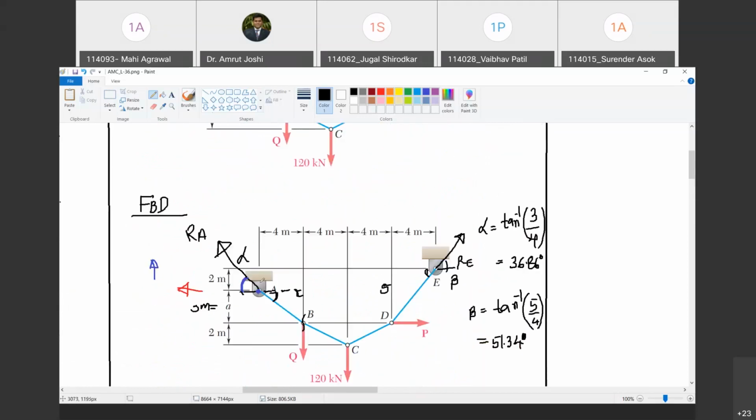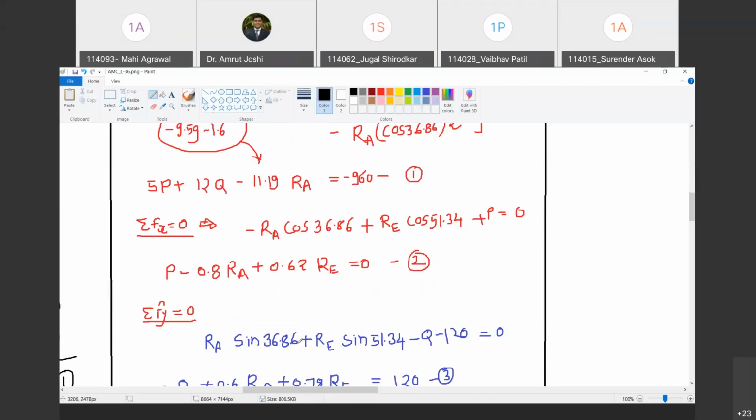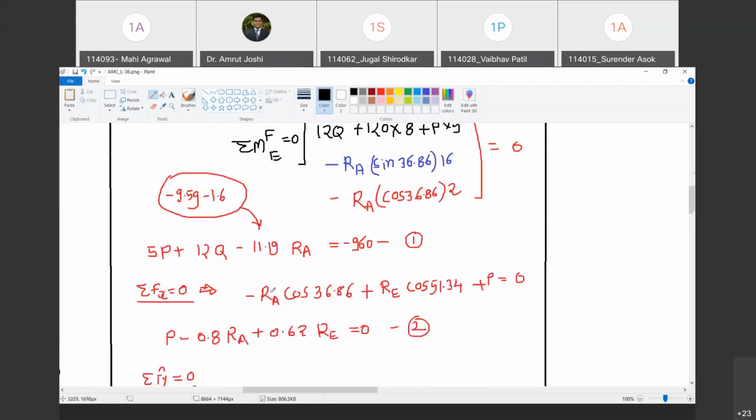No, that won't solve our problem because if I take a cut here, you are going to get an equation in terms of RA cos alpha and RA sin alpha. Do you agree with me? Yes, sir. And that may be a trivial equation. So let us take a cut at C. Are you with me? So you will get an equation in terms of RA and Q. Happy? Yes, sir. Once you get an equation in terms of RA and Q, can you solve it using the first?